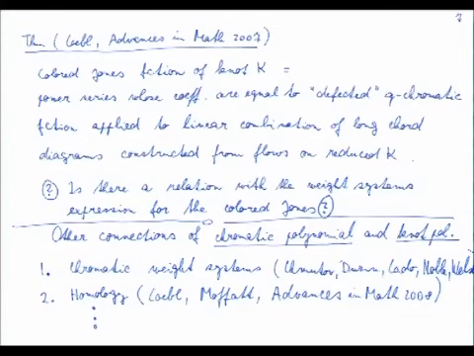I can write the same function, this Color-Jones function, in a very extremely strange way, as a formal power series whose coefficients are equal to the Q chromatic function, I will speak about it later, applied to a linear combination of long chord diagrams constructed from flows on the reduced knot diagram K. Okay, so here it should be knot diagram.